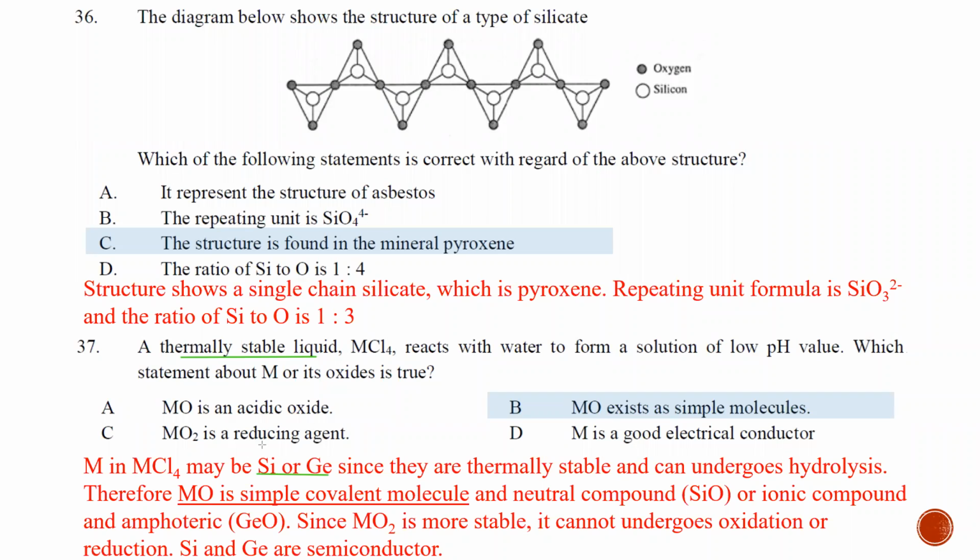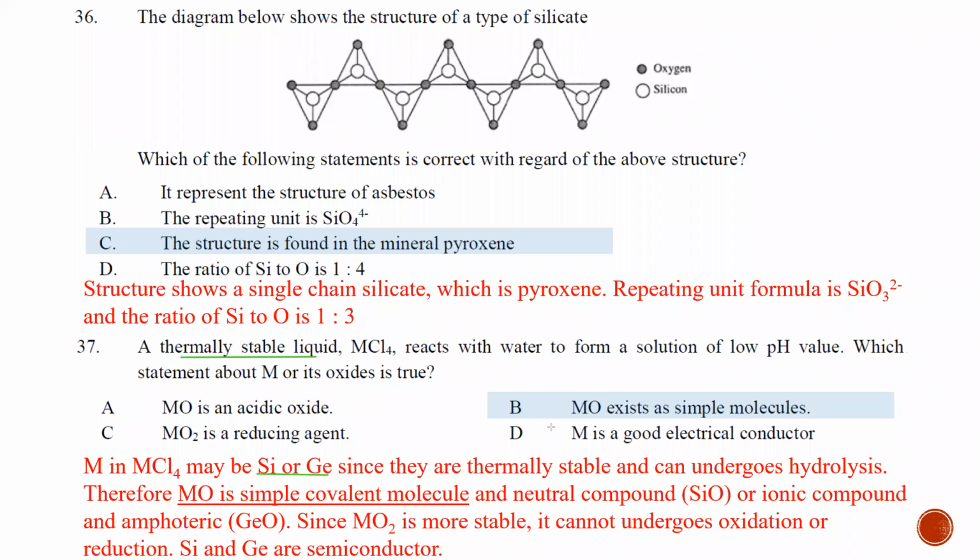MO2 cannot act as a reducing agent because MO2 is stable for both silicon and germanium. And finally, M is a good electrical conductor? In here, both silicon and germanium are semiconductors. So therefore, the best answer that describes it is that MO exists as a simple covalent molecule. So the best answer in 37 in here is B.